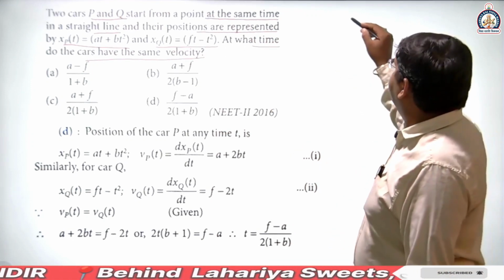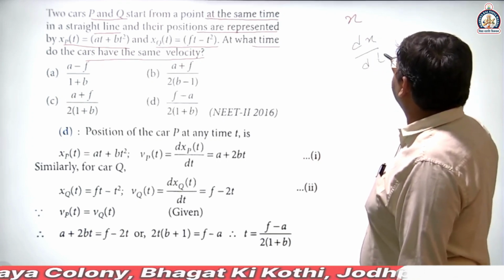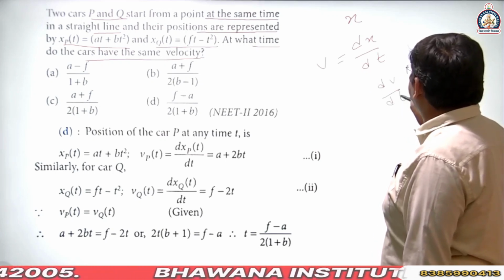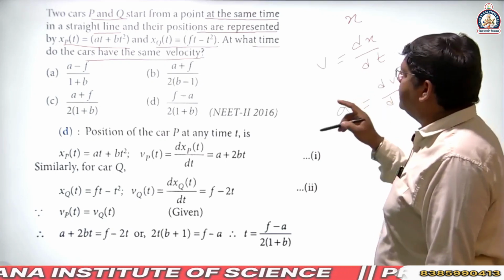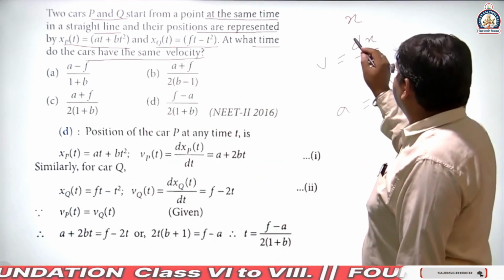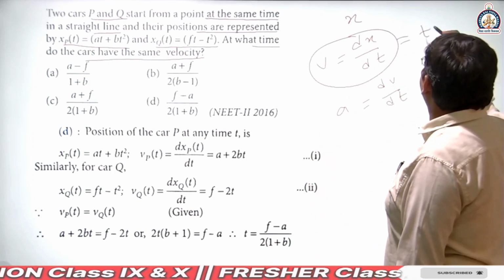We know x is position, differentiation of x gives us the velocity, and the differentiation of velocity gives us the acceleration. So in this numerical, the question is about same velocity, so we have to differentiate the position and hence calculate the time.